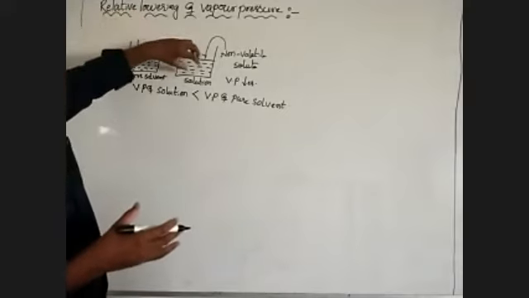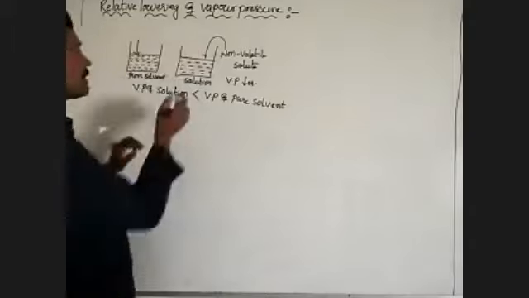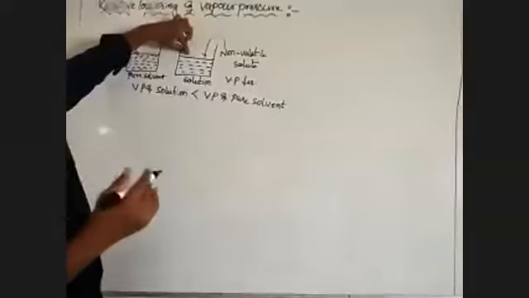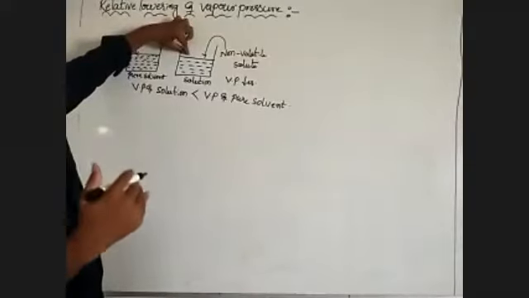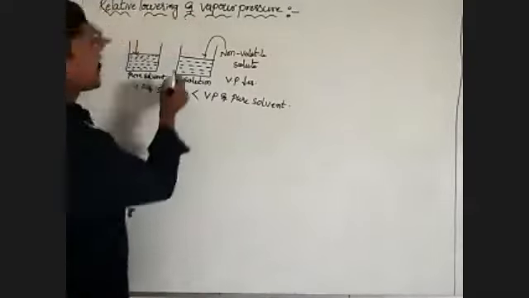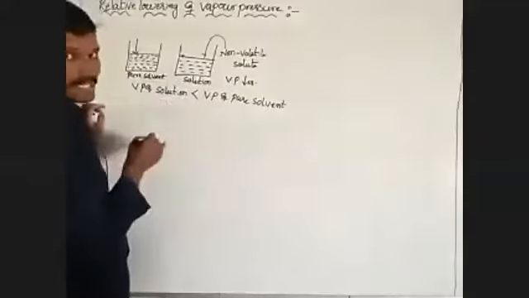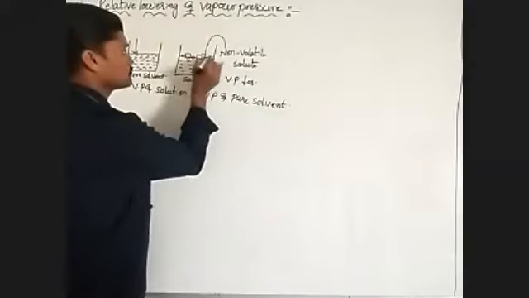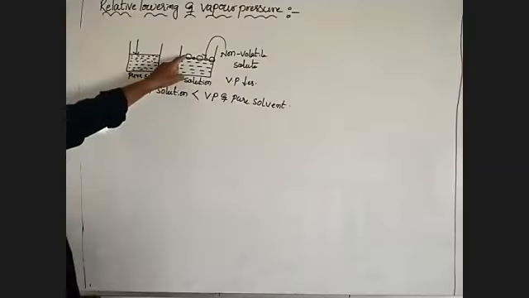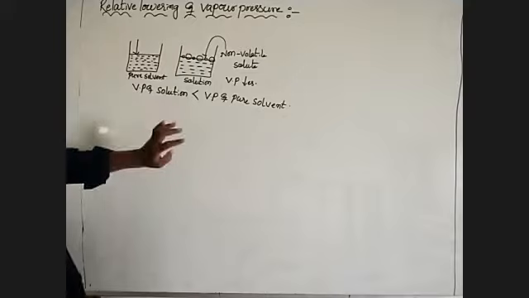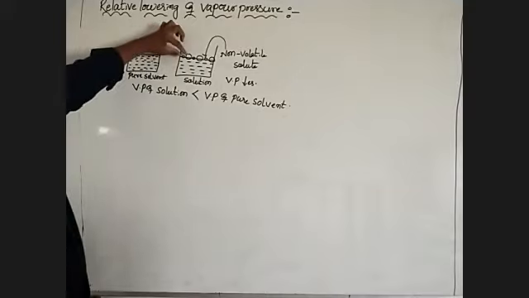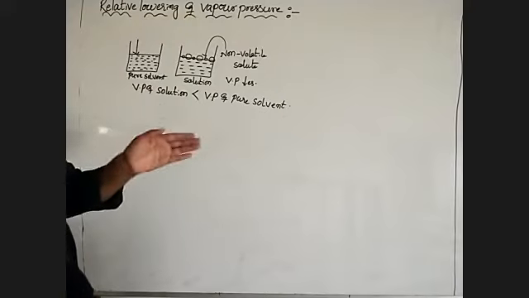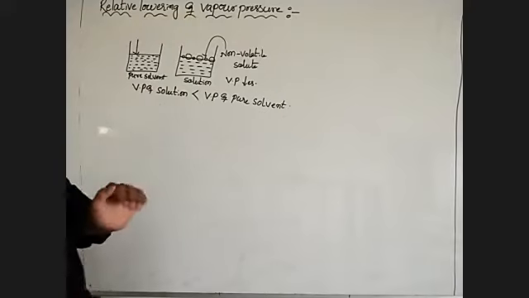But in case of a solution, at the surface, not only solvent molecules but also solute particles are present. Since solute particles are present along with solvent molecules, the number of solvent molecules at the surface decreases, so the vapor pressure also decreases.